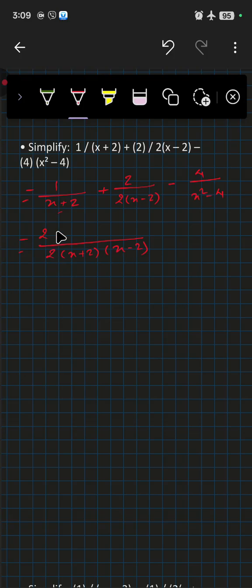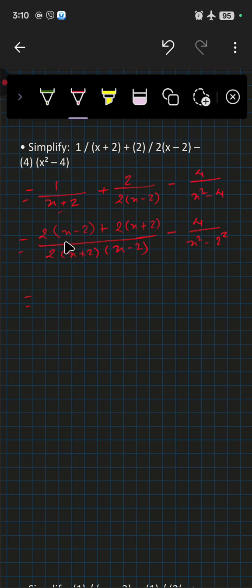So 2 into x minus 2 will multiply the 1 which is in the numerator's place. 2 into x minus 2 is matching. So these two left and then 2 they will be multiplying with this x plus 2. Similarly over here I'll just copy down this same to same. Only I'll arrange this 4 in form of 2 square. Now what do you get over here?